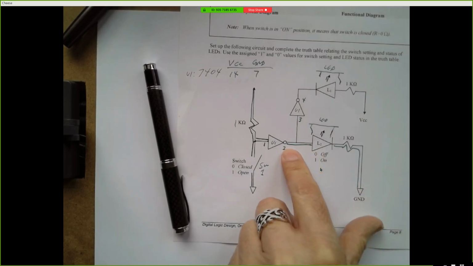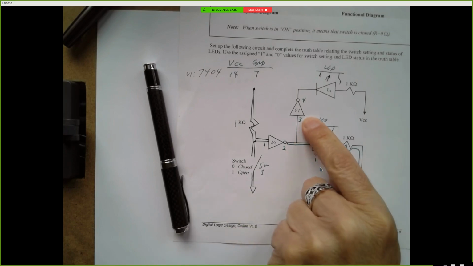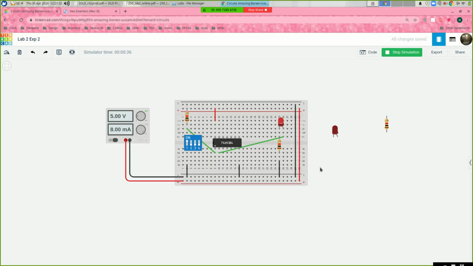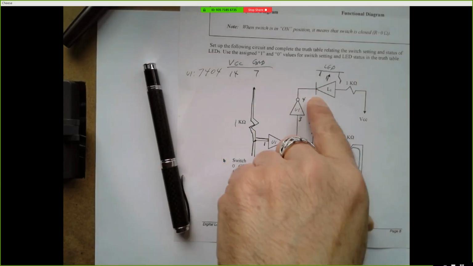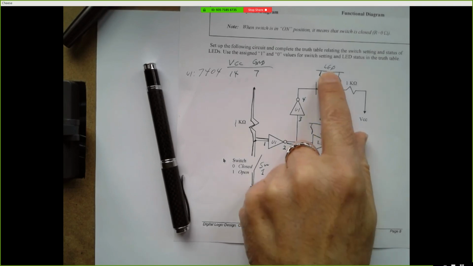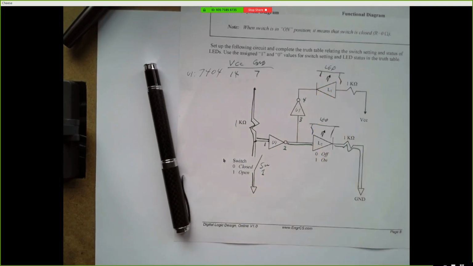This output of pin 2 should go to the input pin 3. So take a wire, connect it between 2 and 3, and you've got this. And now pin 4 should go to the ground, the straight edge of another LED.